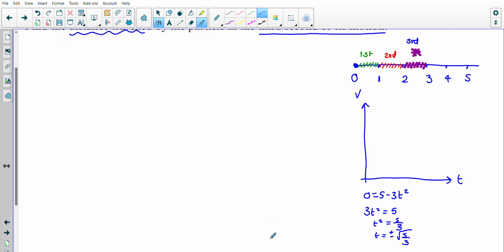Now it's going to look fairly symmetrical, well, pretty symmetrical on this one. So I'm only looking at the positive t values, so it's going to be an upside down parabola, so something like that.